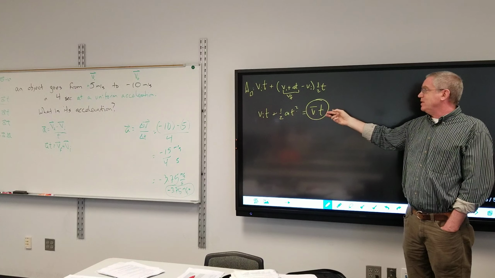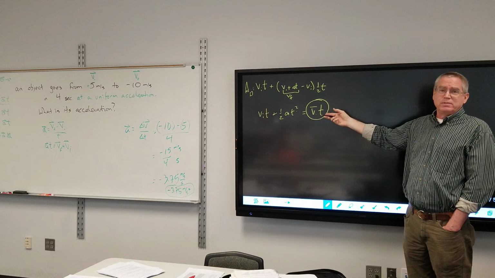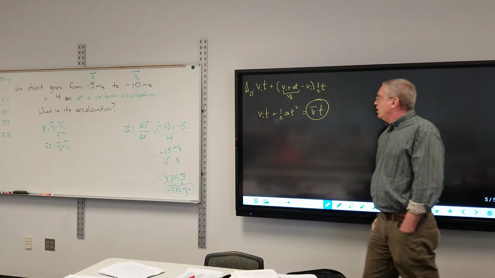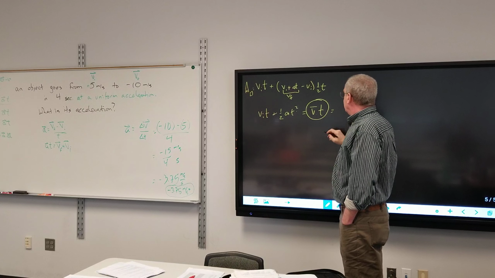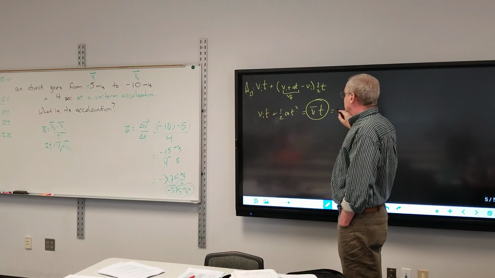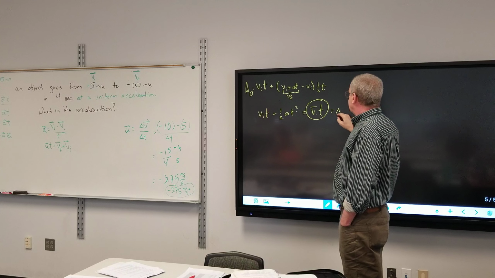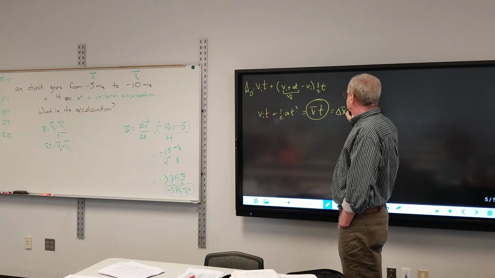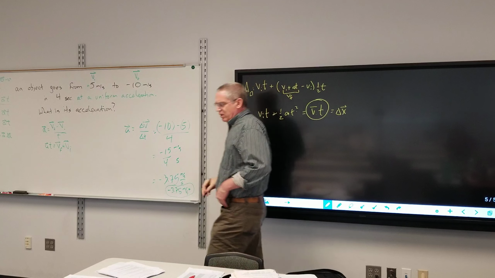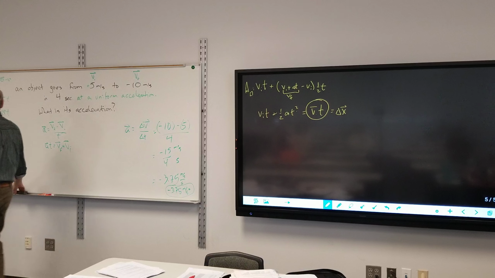If it's average velocity times time, that's my displacement. So that is just equal to my displacement, which we'll use delta x. So we actually have another one of these equations, one of the kinematic formulas.